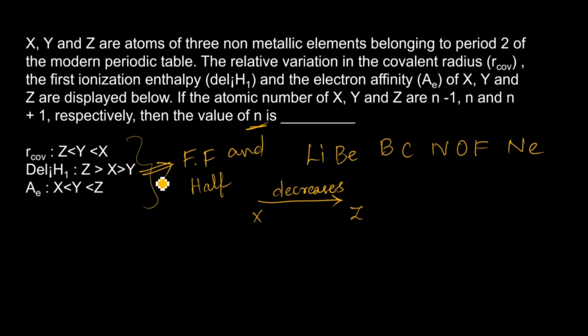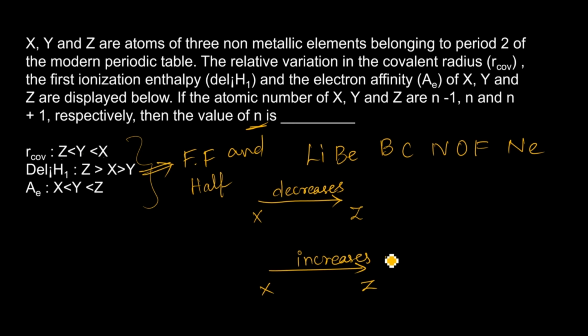A perfect order like the covalent radius is not followed. So I'm putting that on hold. Then moving on to electron affinity. That is following the order X, Y and Z. Great. So Z is having more. So this increases. Fine.